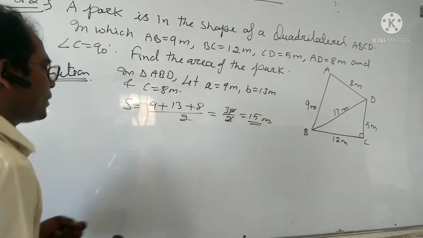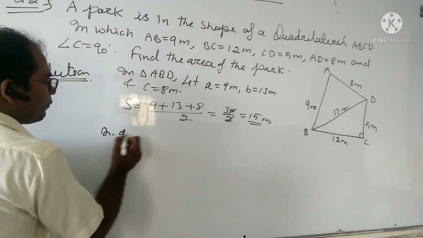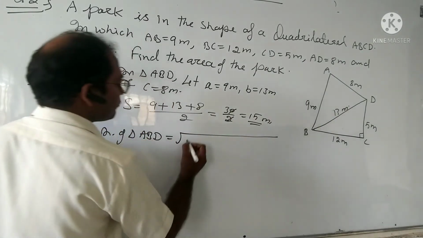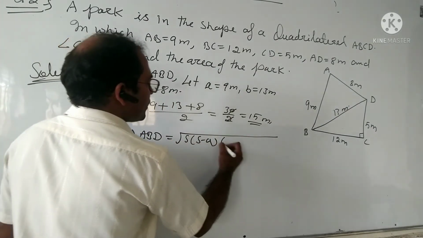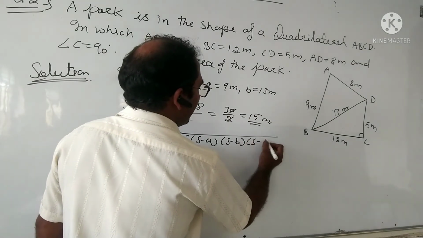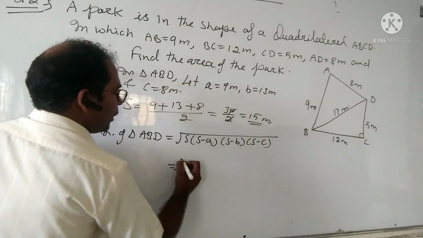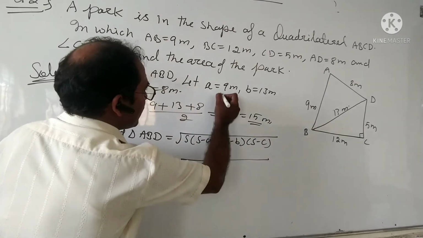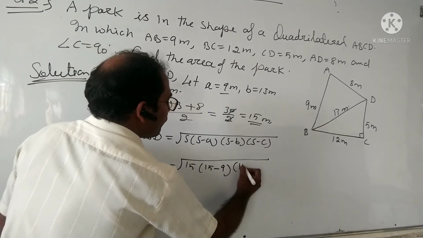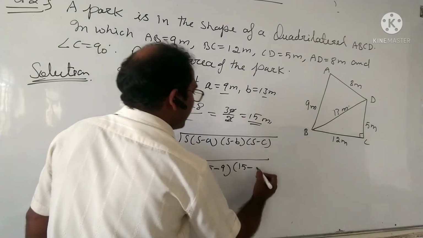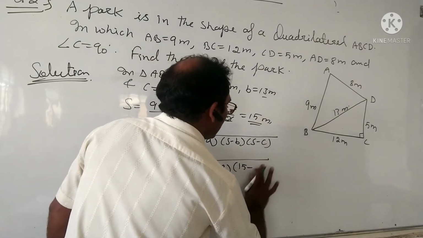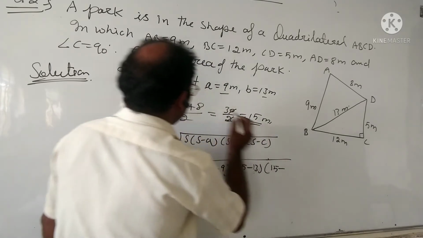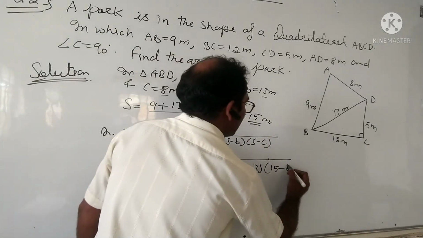This is the semi-perimeter. Now area of triangle ABD is square root of s into s minus a, s minus b, and s minus c. What is s? The value of s is 15. 15 minus 9, value of a. 15 minus 13, value of b. And 15 minus 8, value of c.